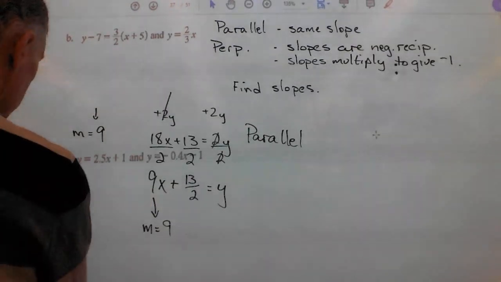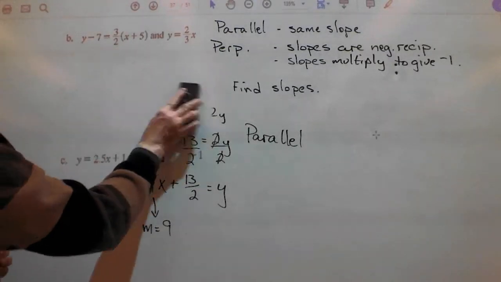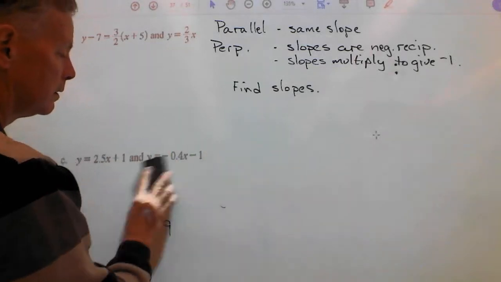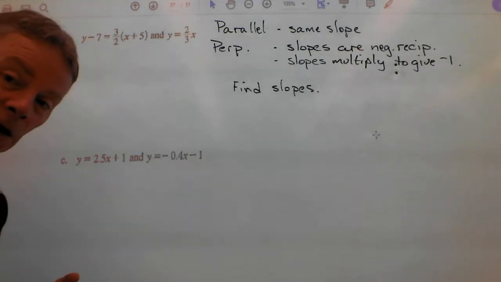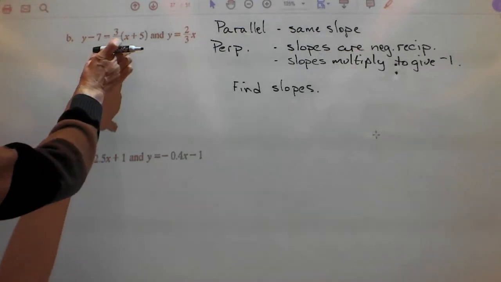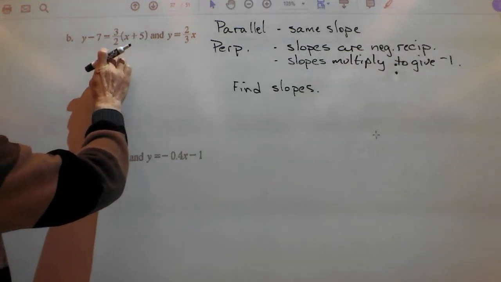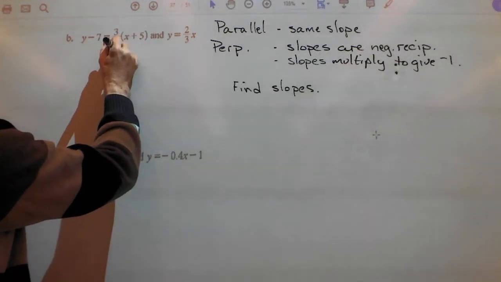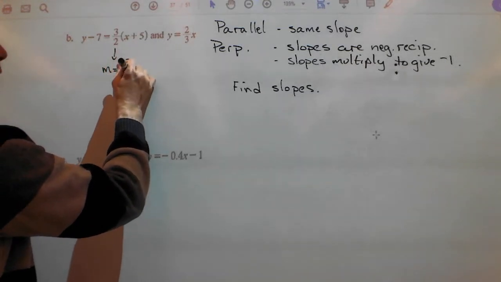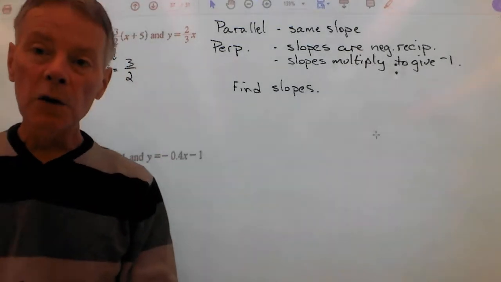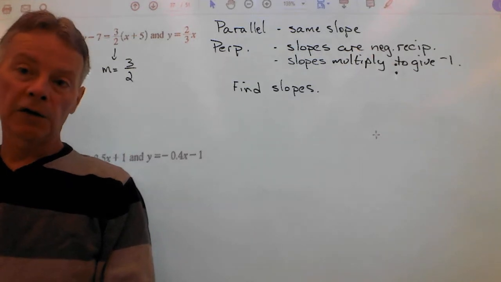Moving right along. For B, they've been very nice to us because they've given us one line in point slope form, which remember is another one of those forms of the equation where all you have to do is look.